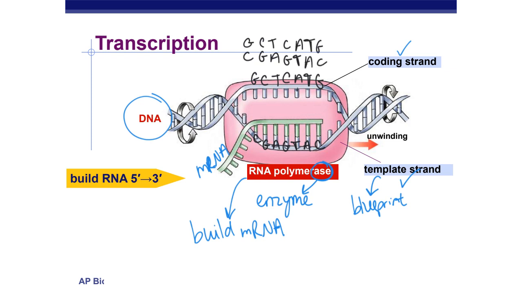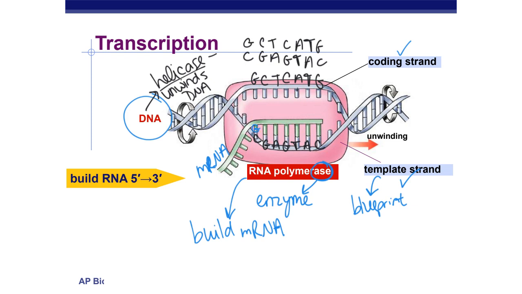When I unwind this DNA, that's also controlled by an enzyme, helicase, right? The helix, I'm going to unwind the DNA helix using the enzyme helicase. When I unwind that DNA, I can now make copies for my messenger RNA. So this C would have to bond to a G on the messenger RNA.